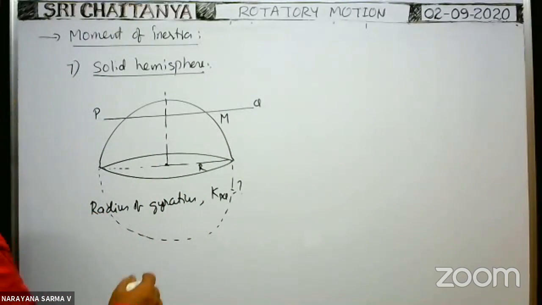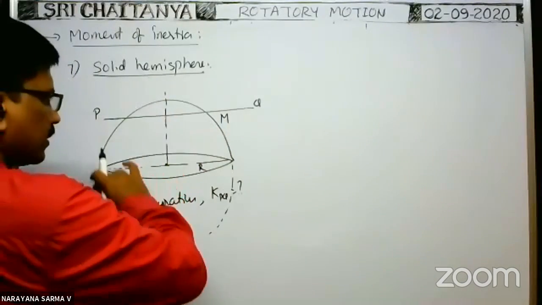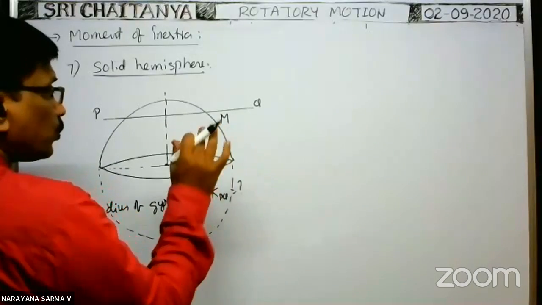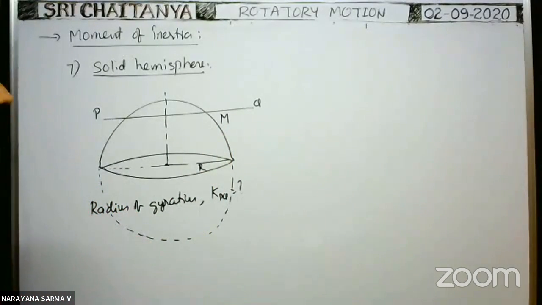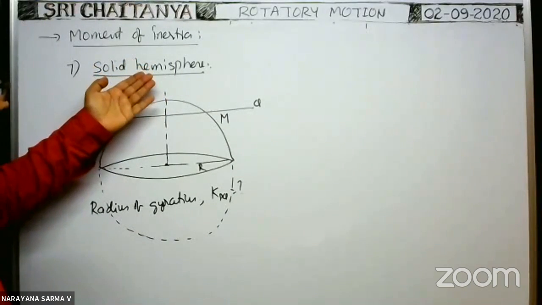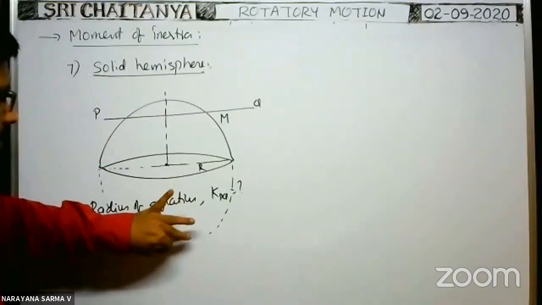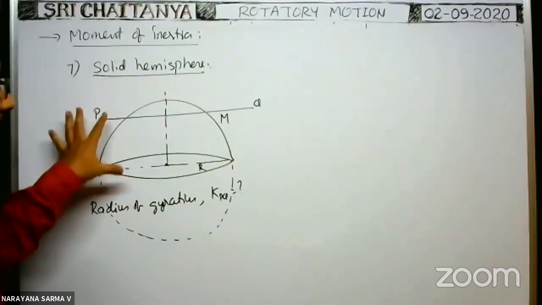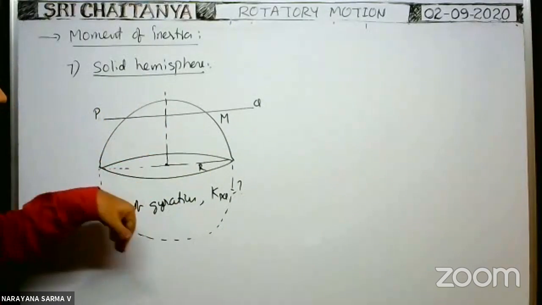You imagine another solid hemisphere, and you keep it in reverse order. When they are put in contact, it becomes an entire solid sphere now.